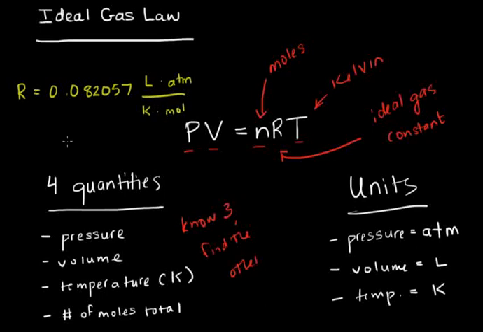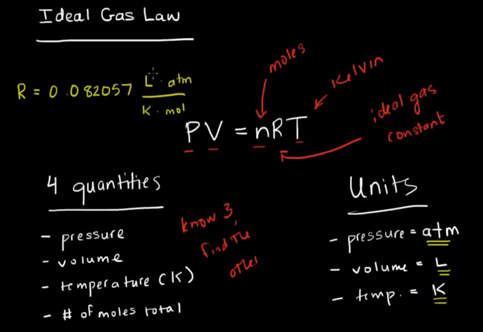Now we can change the ideal gas constant to take on different units, but when you're given the ideal gas constant with these units and with this number, you need to make sure you're inputting all your other quantities with these different units. And so whenever we use 0.082057 as our R value, we need to make sure pressure is in atmospheres, volume is in liters, temperature is in Kelvin, and obviously moles is in moles.